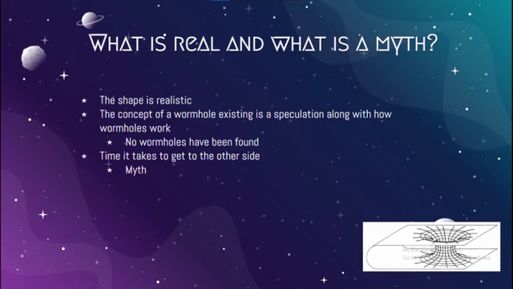As for something that is portrayed incorrectly or not in the right way, it is the speed or the time it takes for you to travel from one entrance of the wormhole to the other. In real life, in a wormhole, it is speculated that it would be instantaneous and there would be almost no time between the travel.